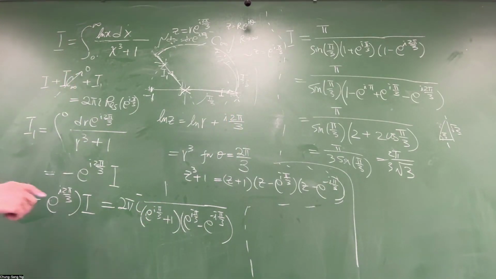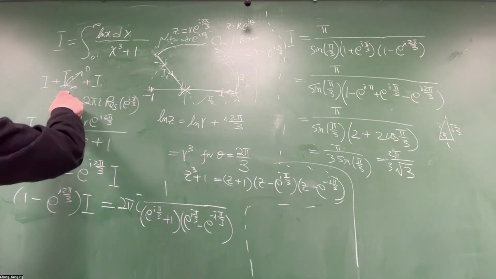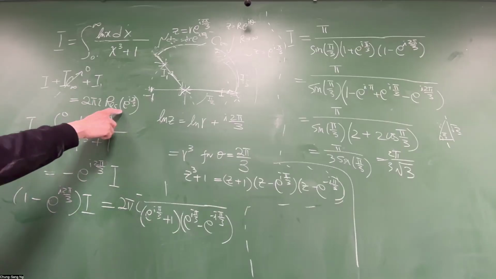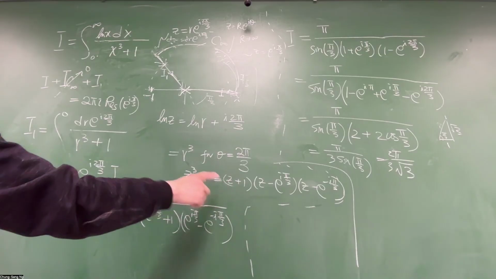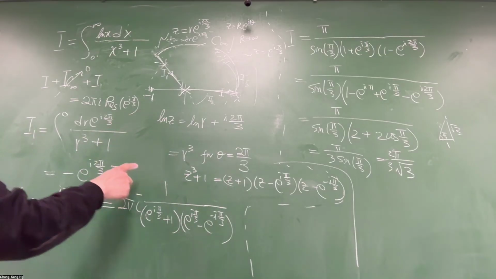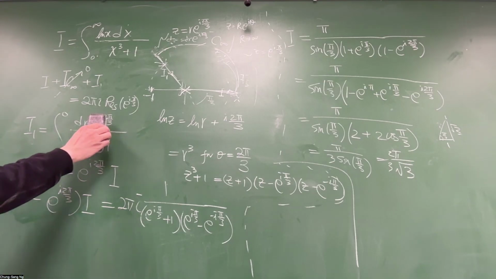Okay. So everything is the same. You still need to evaluate the residue, which will be slightly more complicated now than before. But this I sub one is a little problematic now.